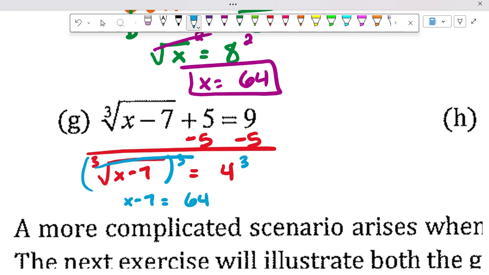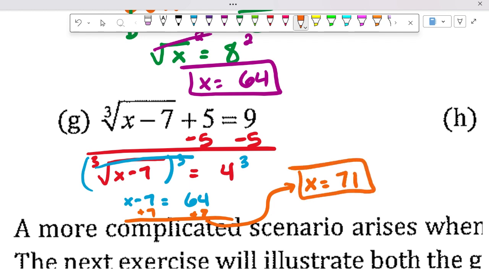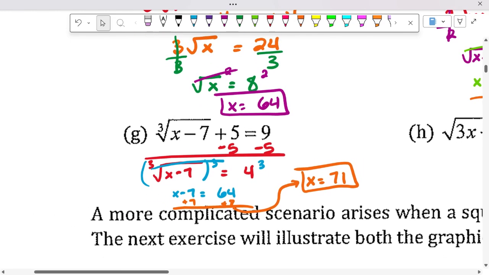And you could have just put that in your calculator, but for time's sake, I'm just going to tell you what it is. And then you just add the 7. So the process is still the same. It was just a different type of radical. So x is equal to 71. Again, just make sure you pay attention to the type of radical that you're going to have.